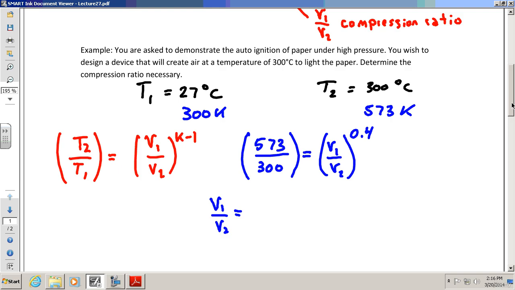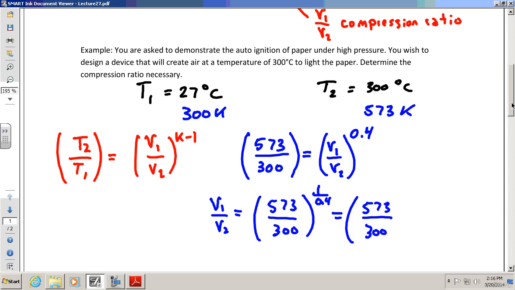Yeah, you could take it to the 1 divided by 0.4 root: 573 over 300 to the 1 over 0.4 root, right? By the way, 0.4 is 2 over 5, so wouldn't that be the 5/2 root? Wouldn't this be the same thing as 573 over 300 to the 5/2 root? And if you do that, you should get 5.04.